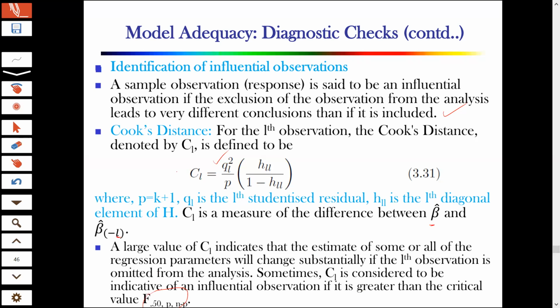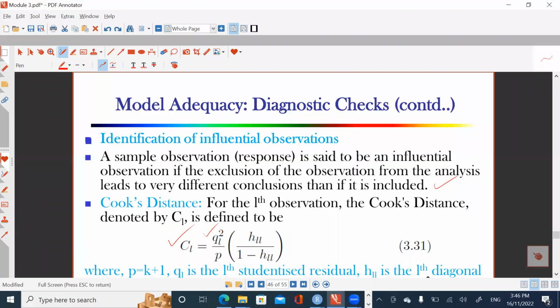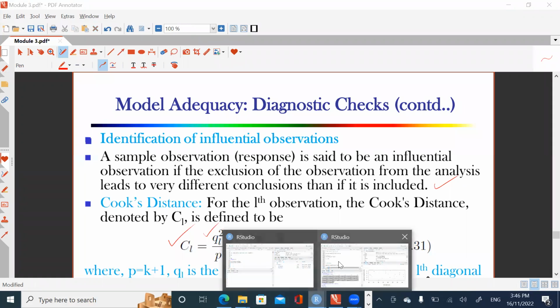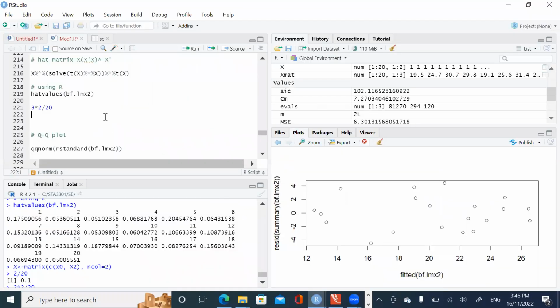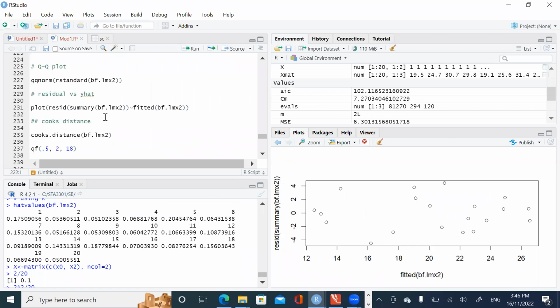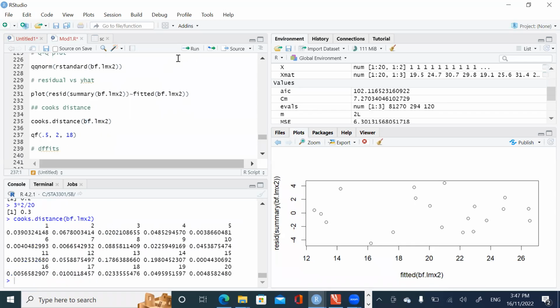So first calculate the Cook's distance and compare it with that value. If it is greater than that value, then this is an influential observation. Let's do this in R. It is not that difficult. Here is Cook's distance for this model.